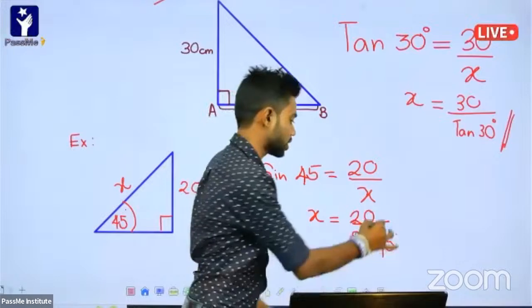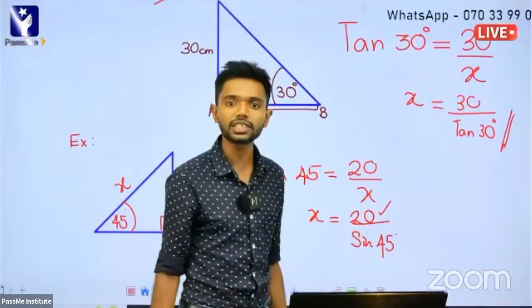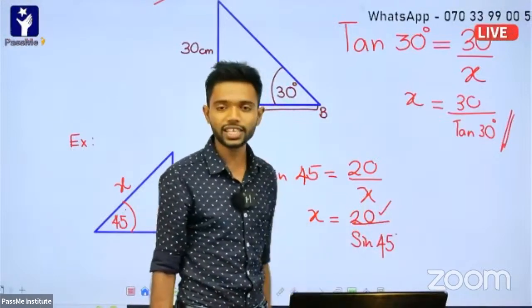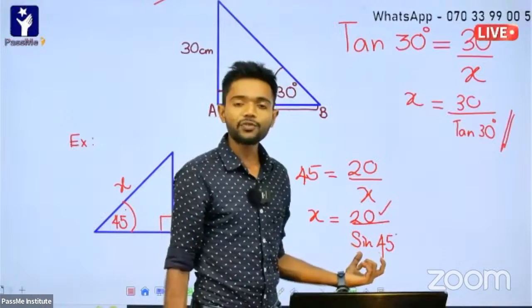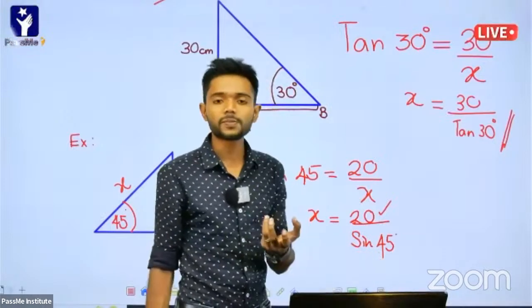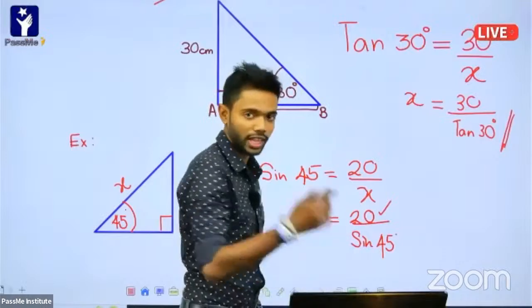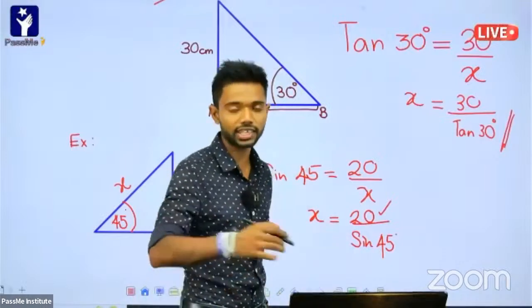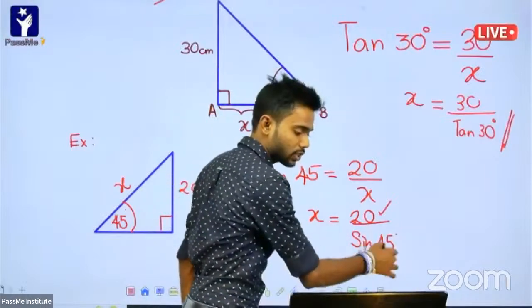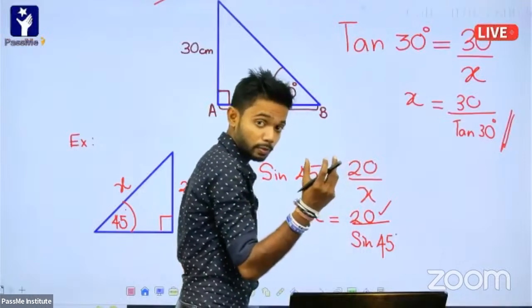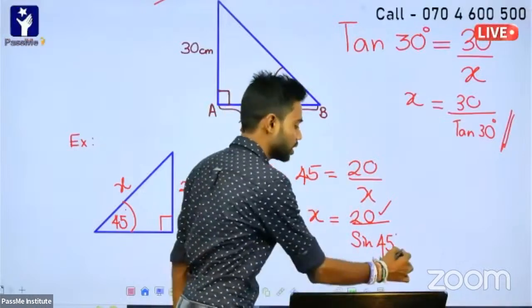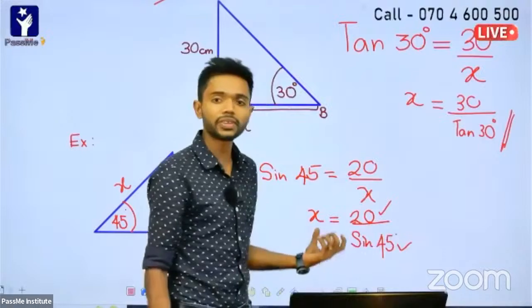So you know 20 is actually the constant number. Sin 45, you can use the sin table. There's a table called sin, I will introduce later. So you can substitute the value taken from this table here and divide, and you will end up with the answer for x.